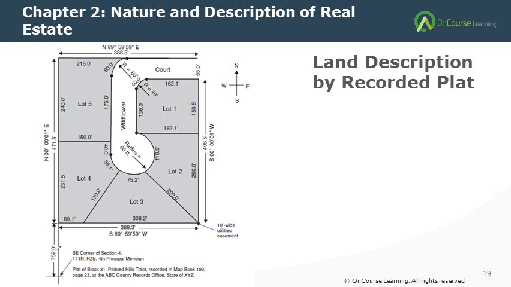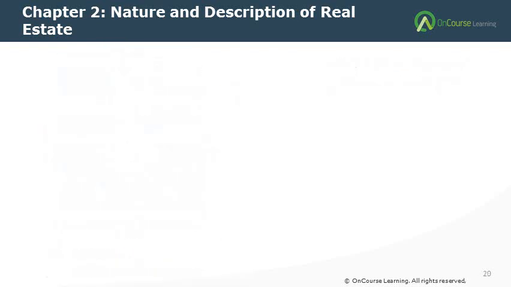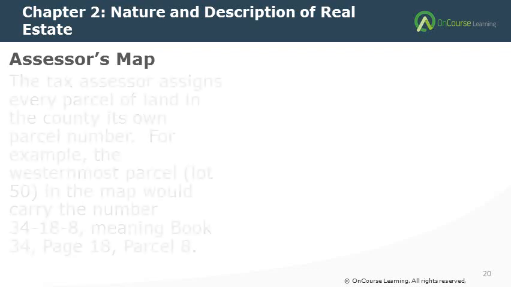The last 2 methods of describing real estate are what's termed informal methods. One is a street address, and another informal method is using the assessor's map.